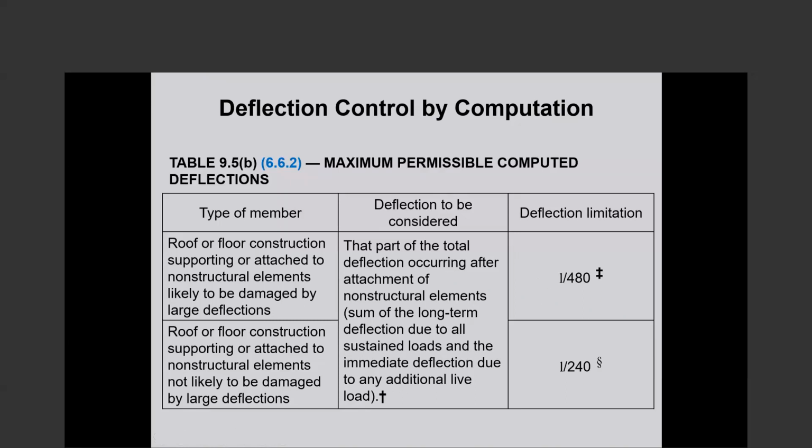So after the non-structural elements are attached, if there is any additional live load imposed, the immediate deflection due to that, plus the long-term deflection due to all sustained loads. That's what these limits apply to.